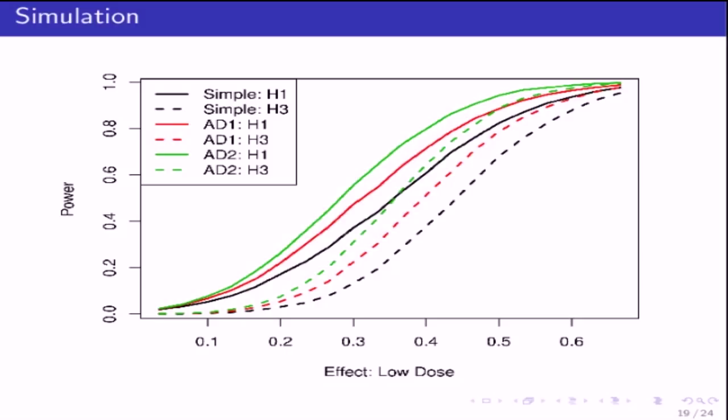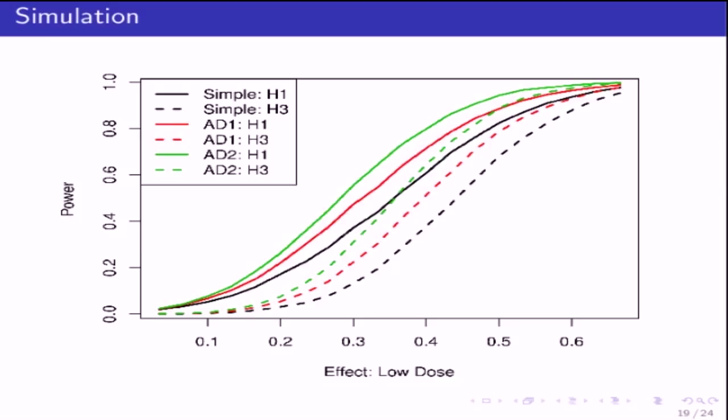And if you also reallocate the sample size, then you have a huge gain in power. It's the solid green line, and the dashed lines are simply the power curves for the secondary endpoints for the respective testing strategy.